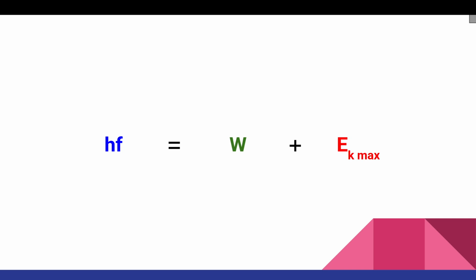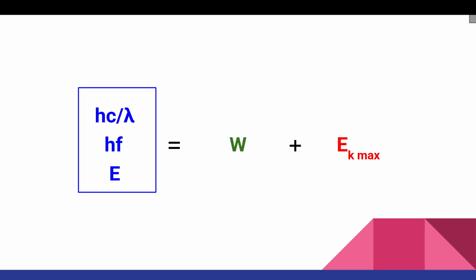Now, the way this becomes really the biggie, and the way that I think of it as being a big formula, is I wrote it down this way. But I have to consider that if I'm talking about the incoming energy, the part that I've written as hf, there's actually other ways I could talk about that. I could just give you the energy of the photon. I could also have you do a calculation with the wavelength of the light, hc over lambda, and that's all stuff about the incoming light.